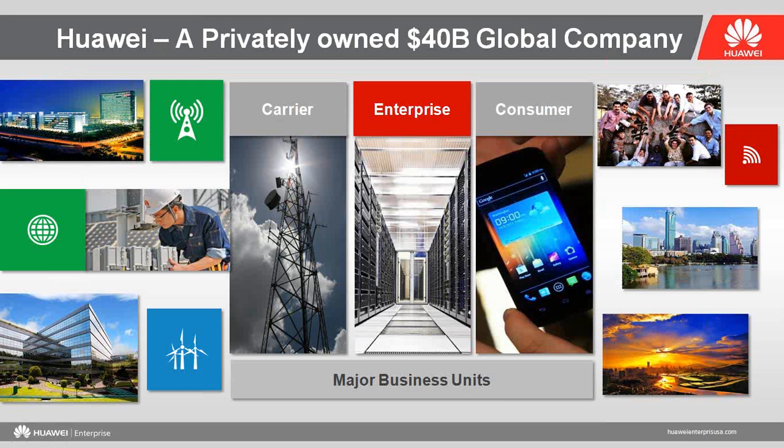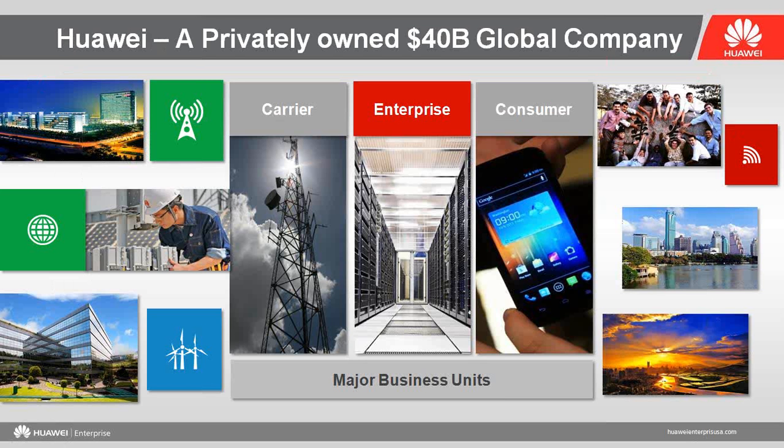For those of you unfamiliar with Huawei, we are a privately owned $40 billion global company. Huawei has three major business units. For a lot of people in the marketplace, Huawei is the world's #1 LTE carrier. We provide the LTE infrastructure for 45 of the world's top 50 telecommunications companies. That's the carrier side of the business.